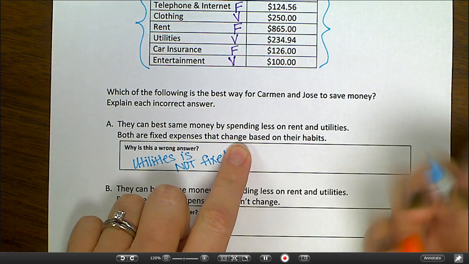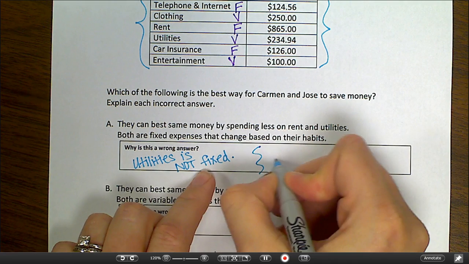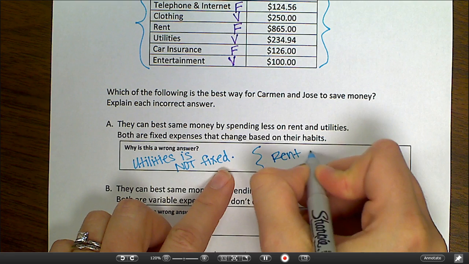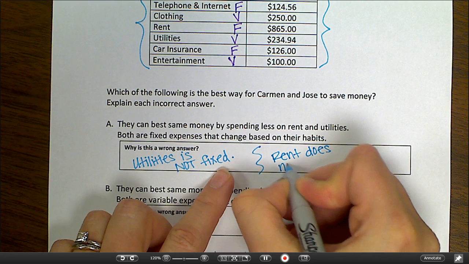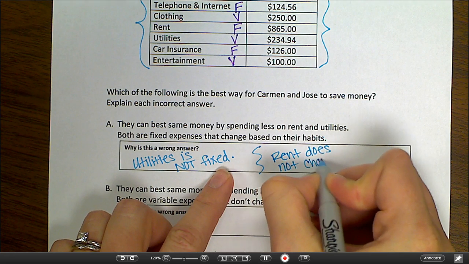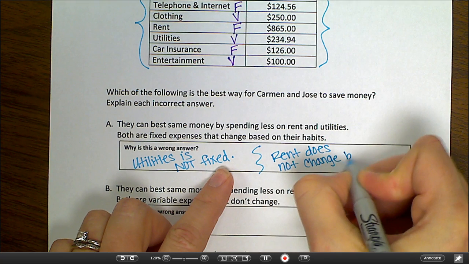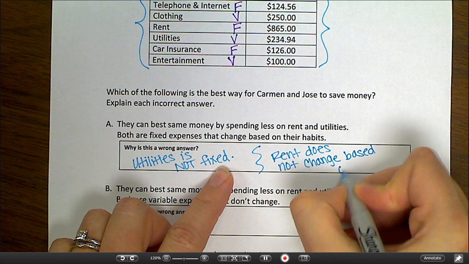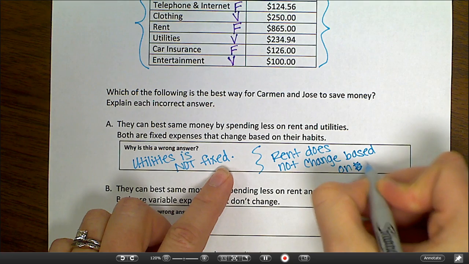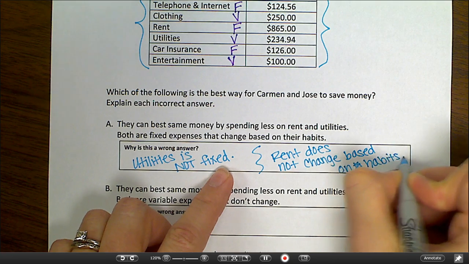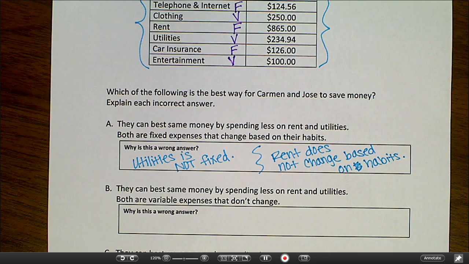Well, rent does not change based on their habits. Okay, their rent's going to be the same every month no matter what they do, unless they move, and that's not a habit. So, all right, I'd like for you to look at B.